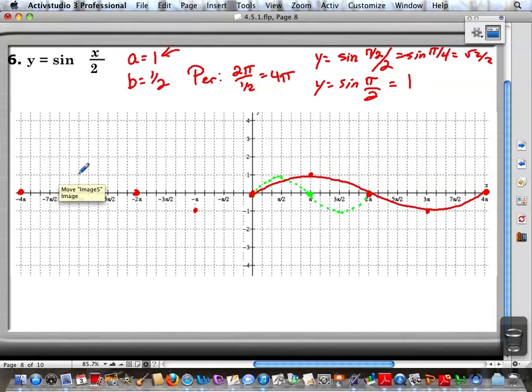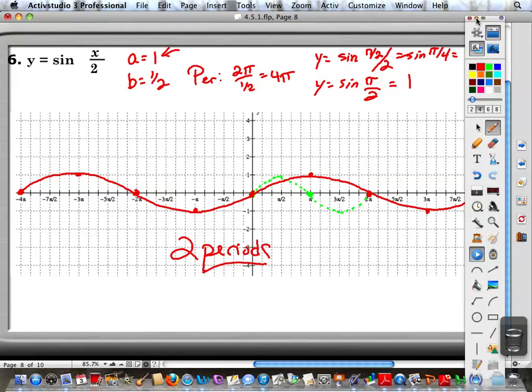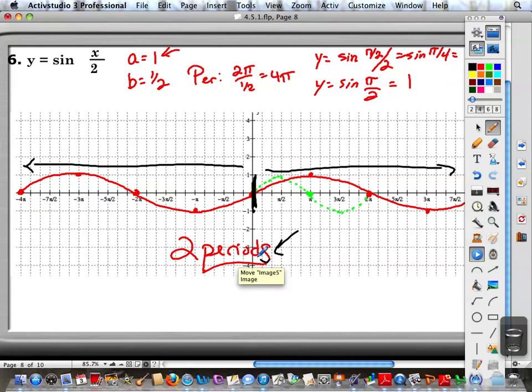Halfway through the second half, then I would be at the maximum. So the graph would continue back this way. And there I have graphed 2 periods. Okay? That's 2 periods of the graph. I've got 1 period going from here out to 4 pi, and then I've got another period going back this way, back to -4 pi.